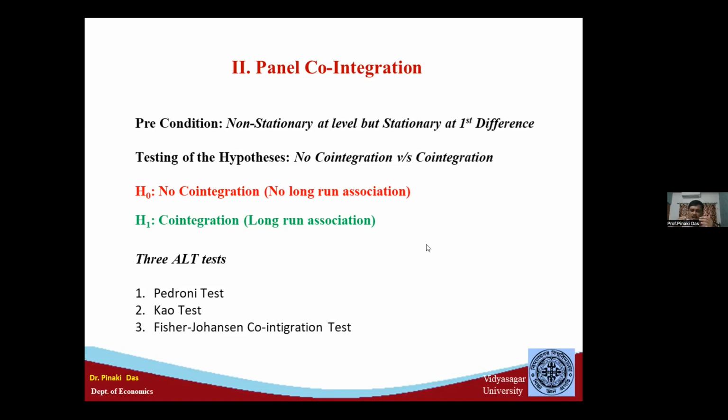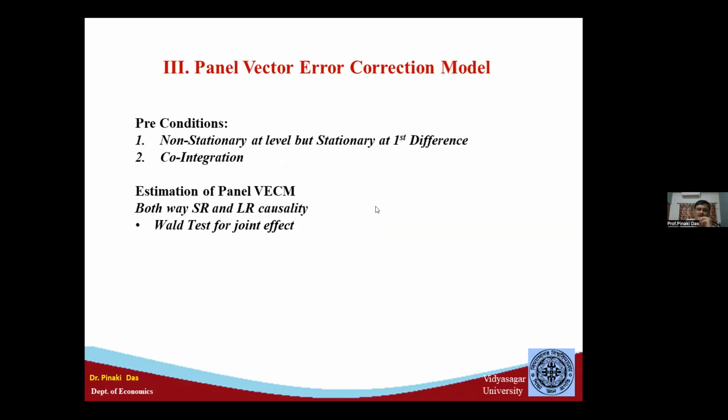If the two variables are co-integrated, that is, satisfy the co-integration test, then my selected model is the vector error correction model. If for a particular set of data the variables are not co-integrated, then we consider the vector autoregressive model. Next two slides describe these two alternative models.